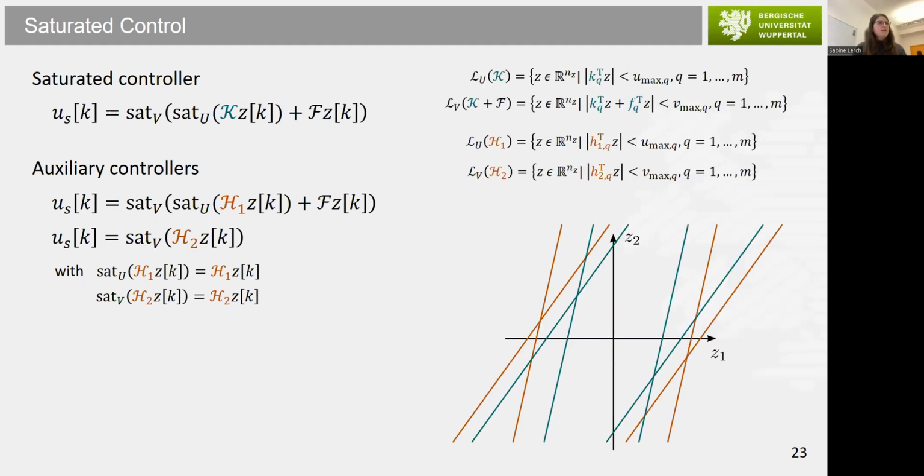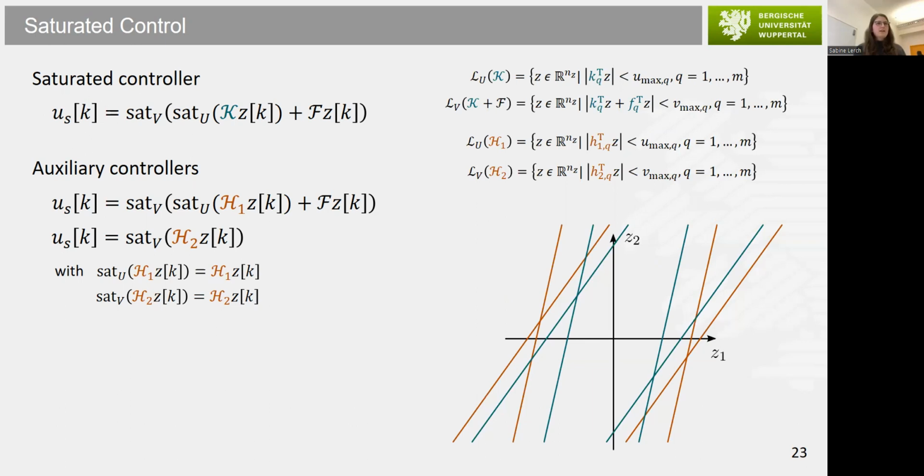So we can define the linear areas of those controllers K, H1 and H2 here, which is exemplary shown in the figure. So the orange lines are the boundaries of the linear areas of the auxiliary controllers, and the blue lines correspond to the linear areas of the actually used controller K.